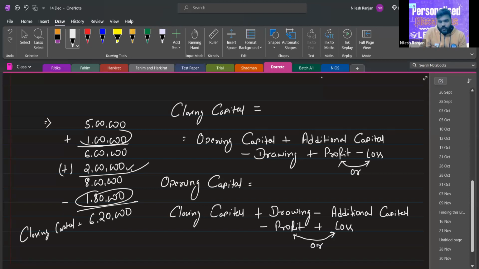So this is the formula for opening capital. Tell me, is this clear? Please write this.